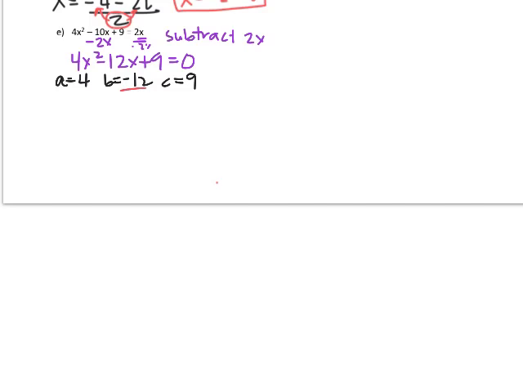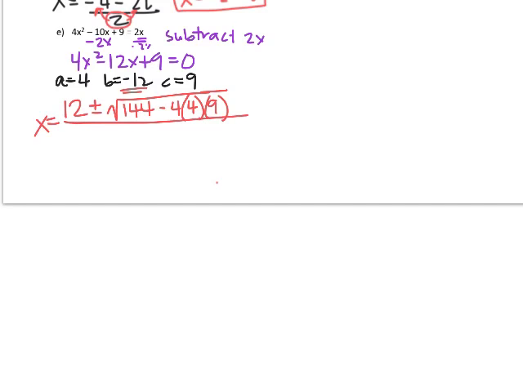And I have to take -b, so that's going to be a +12, plus or minus the square root of b squared. Now b squared is going to be 144, because -12 times -12 is 144. I'm going to subtract 4 times 4 times 9. Remember, it's 4 times A times C, and that is all over 2 times A, which is 2 times 4.